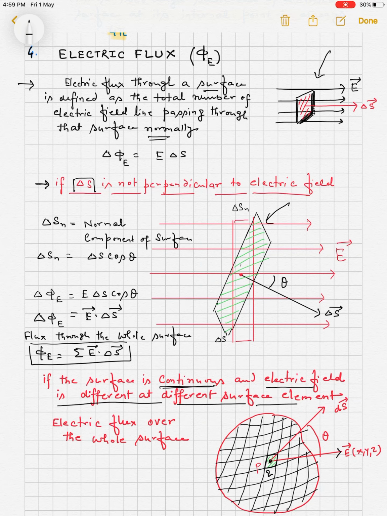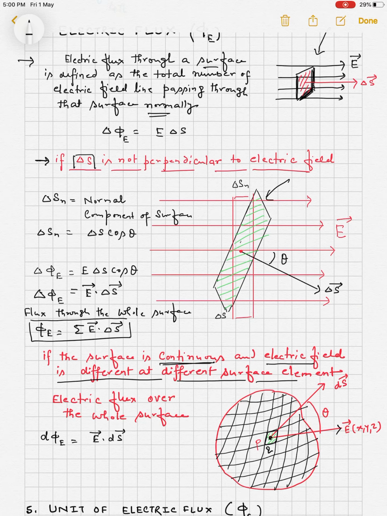Because this is a small element, the small electric flux d phi E becomes E dot ds. The total flux through the whole surface we get by integrating E dot ds over the entire surface. This is the mathematical relation of electric flux.